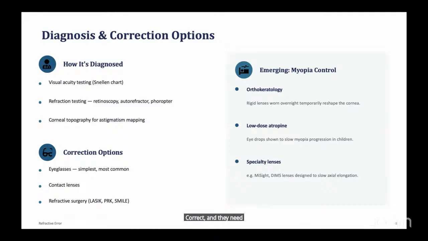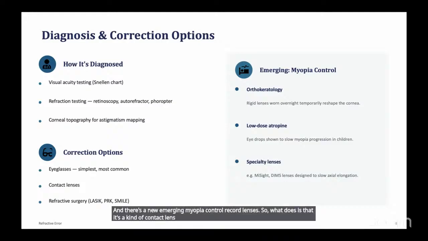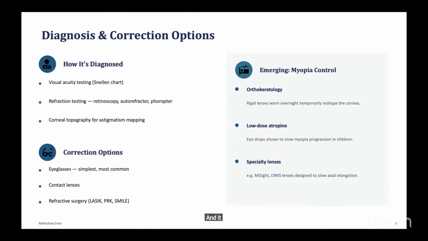Okay. So with the corrective options, we can have contact lens, the spectacle, and there's a new emerging myopia control we call the ortho-K lenses. So what those do is that it's a kind of contact lens you wear at night before you sleep, and it shapes the cornea to make it less myopic, to make it less thick.